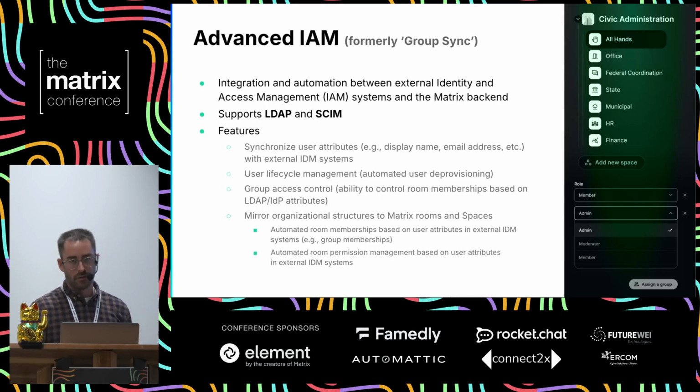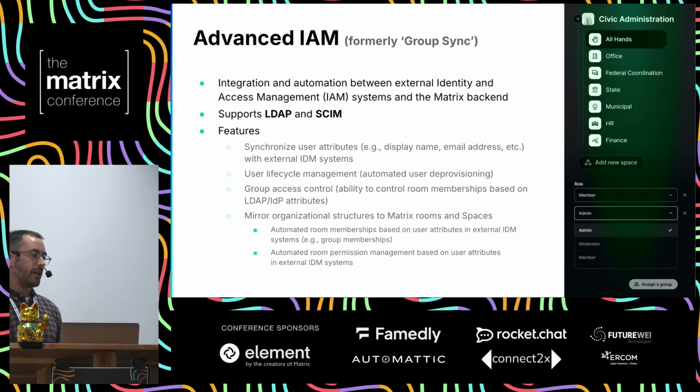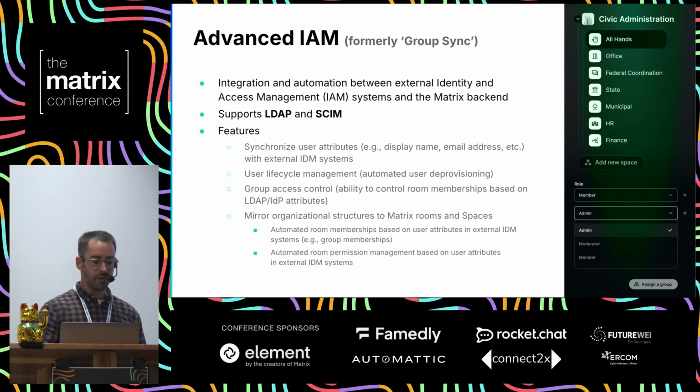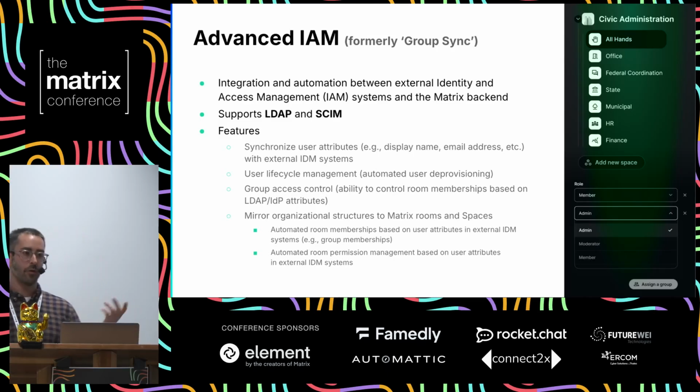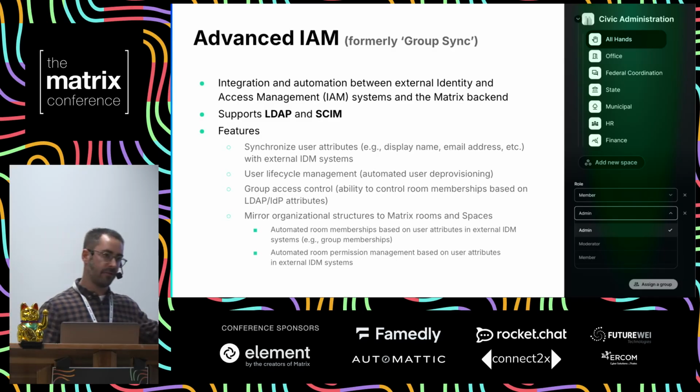You get user lifecycle management, meaning, say, someone leaves your organization, you don't want to have to administer each of the systems you provide on its own and remove the user, make sure they don't have access to the system anymore. No, you don't. You want that automated, and that's what advanced identity and access management gets you. You just deprovision the user in your LDAP system, for instance. It will automatically pick that up and deprovision the user in the Matrix backend as well.